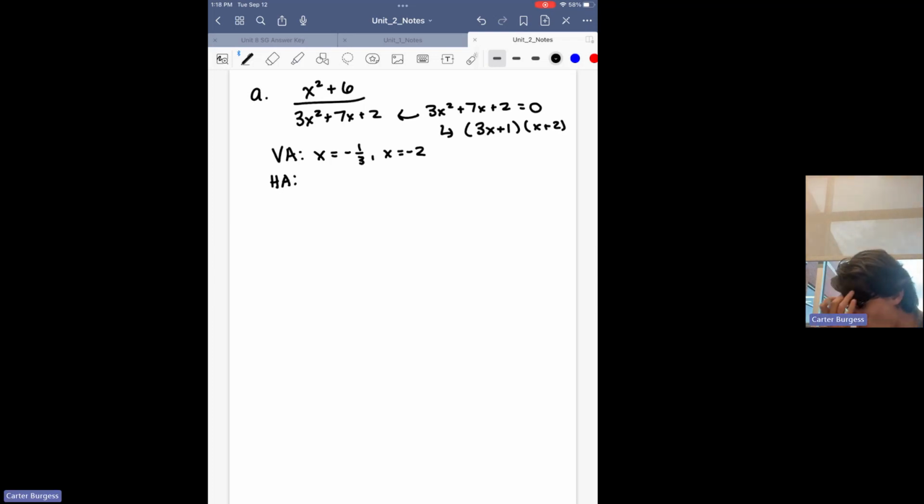And then for our horizontal asymptote, what are we looking at? What's the question that we ask? What numbers matter as x gets really, really big in either the positive or negative direction? At very large values of x, looking at our numerator, what stops mattering?